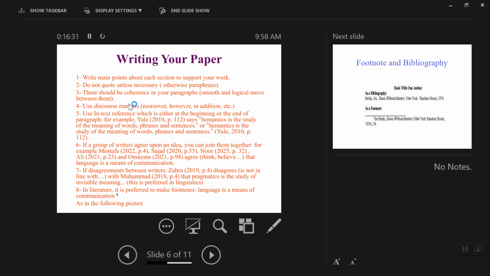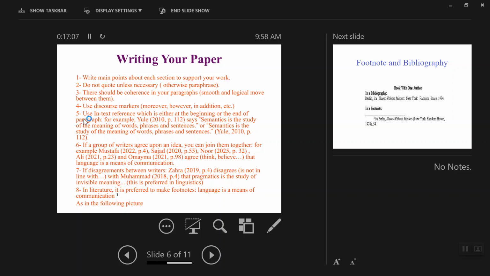Not that you talk about literature, poetry, or novels, and then write about grammar in the second paragraph. There is no coherence there. So there should be a smooth and logical move between the paragraphs. Each paragraph should be related to the others, and this is very important.